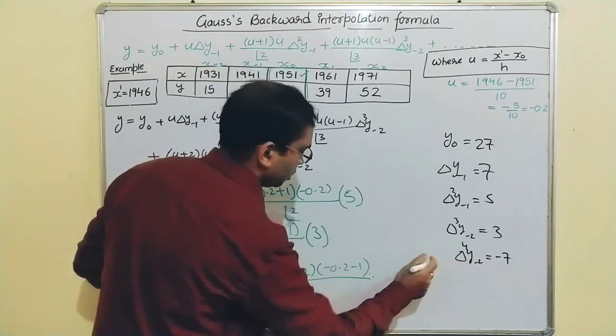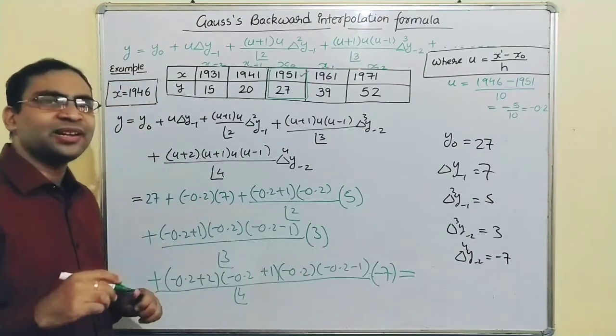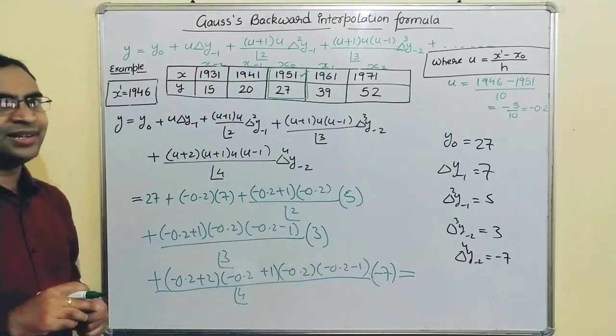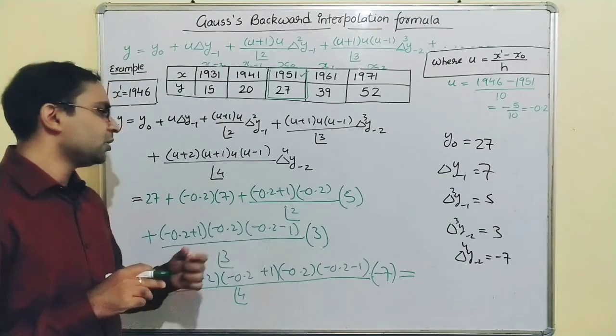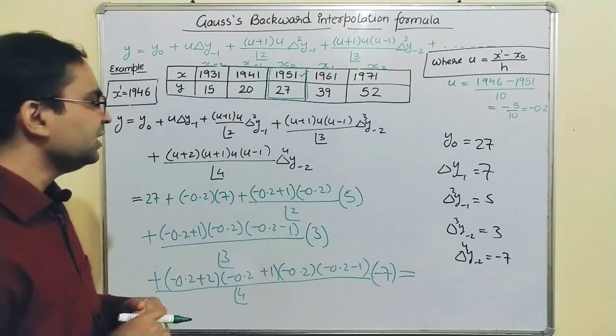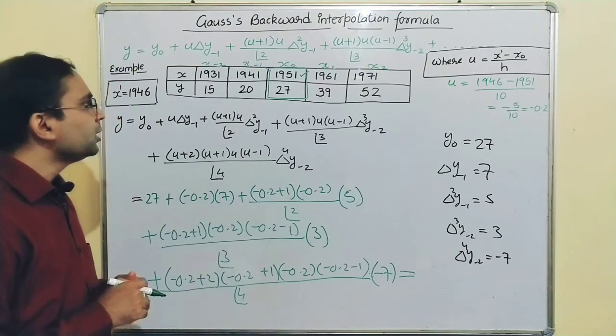So del 4 y minus 2 is minus 7. So now we need the scientific calculator and perform this calculation. Again, a tip that you should take care of all these brackets, when to divide, use the BODMAS technique even in the scientific calculator, and obtain the desired result for this.